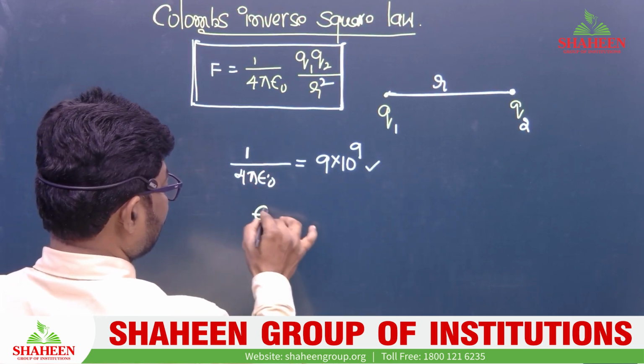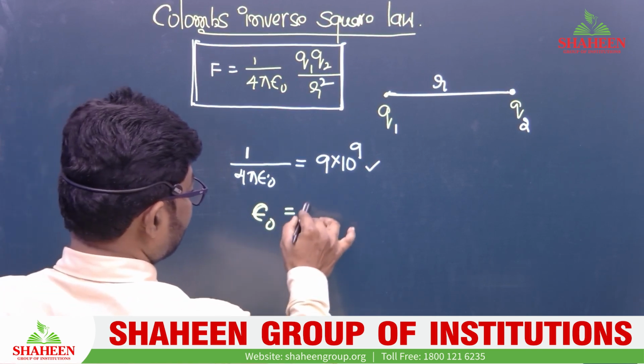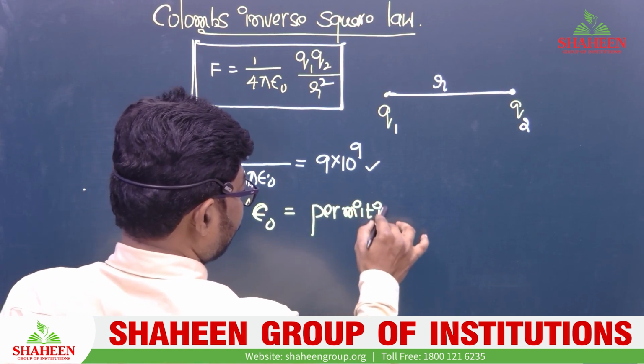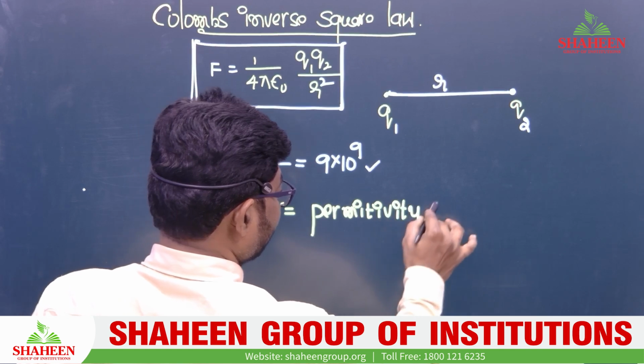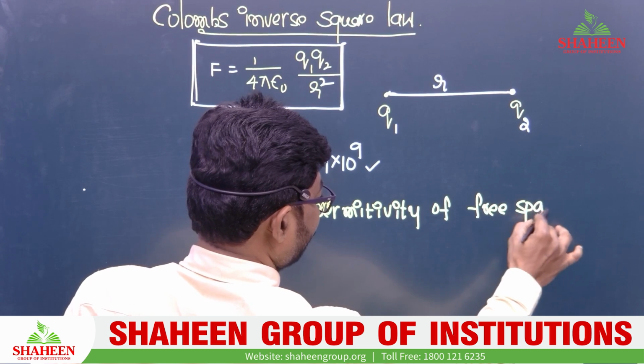Epsilon naught is the permittivity of free space. What is the value of the permittivity of free space?